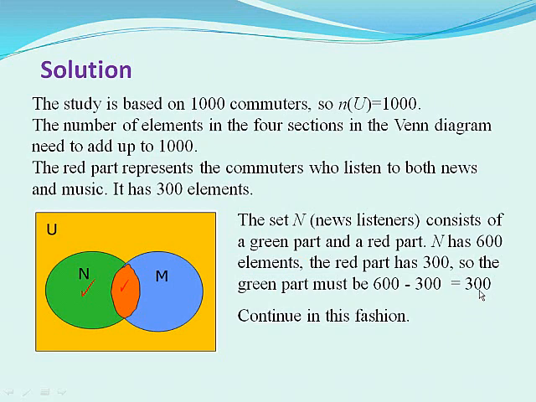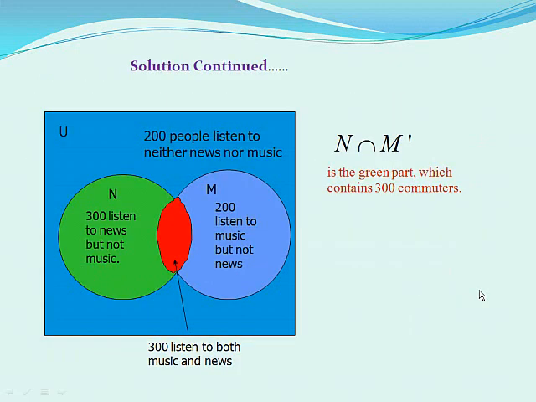So we can put the numbers in this Venn diagram. 300 listen to both music and news, then 300 listen to news but not music, and 200 listen to music but not news. Because we have 1,000 total in the survey, if you add these three numbers, we will get 800. So that leaves 200 outside these two circles. So 200 people listen to neither news nor music.